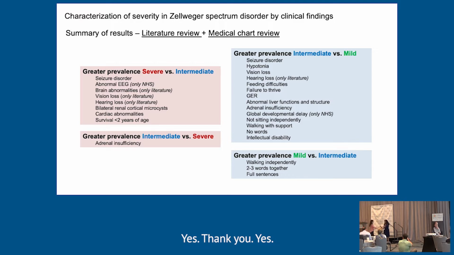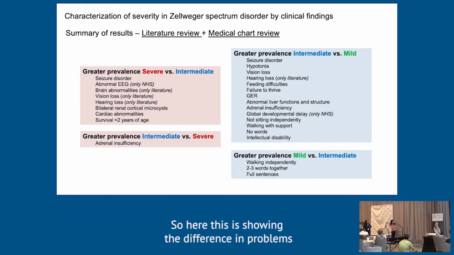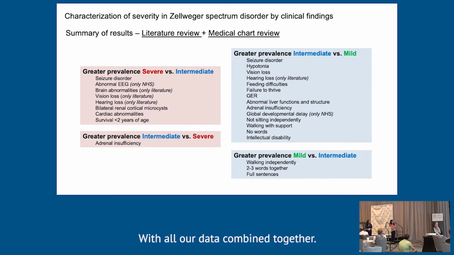Yes. Thank you. So just to make a summary of the findings from the 3 data sets, talking about the prevalence at the moment. Here this is showing the difference in prevalence between the severe groups and the intermediate groups with all our data combined together.